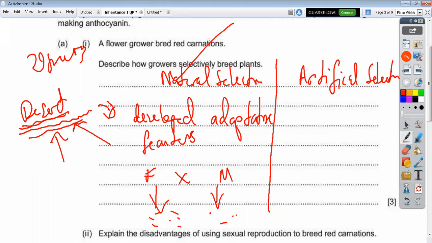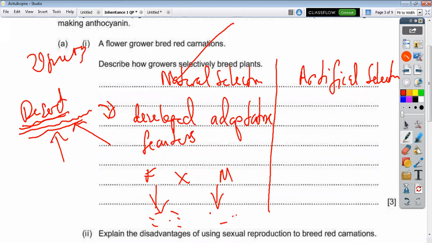Next point is that the fitter individuals pass on their genes and alleles to their offspring. Are we together? Clear?